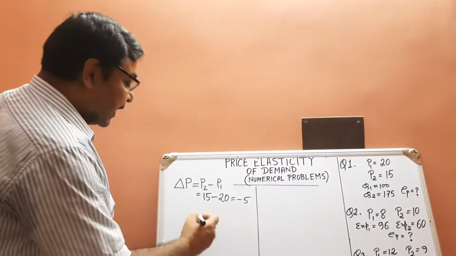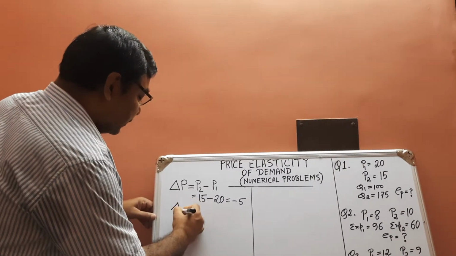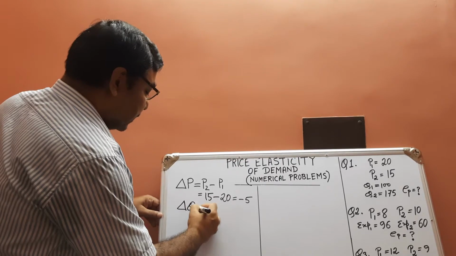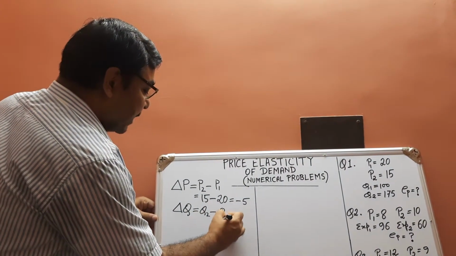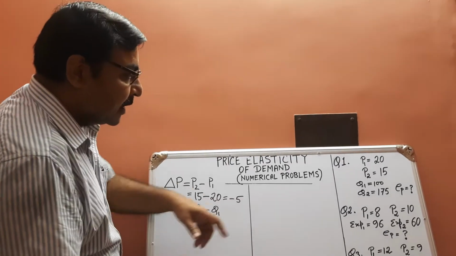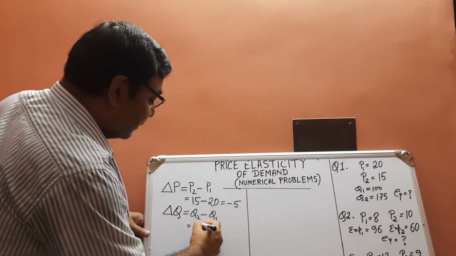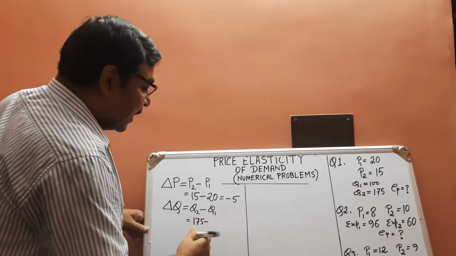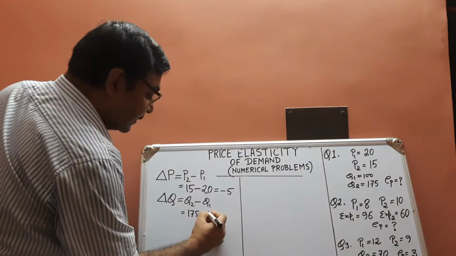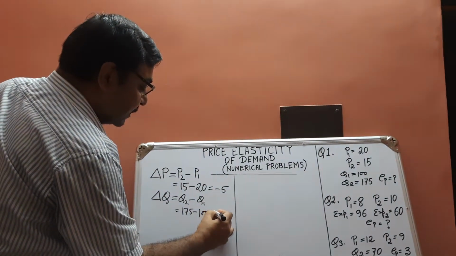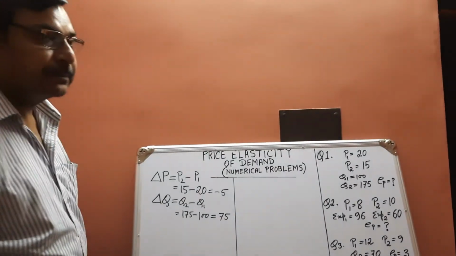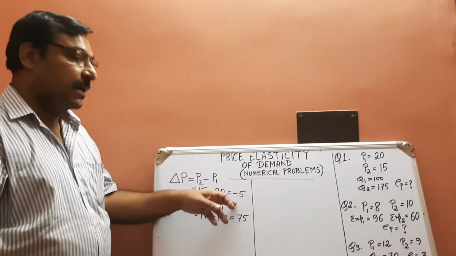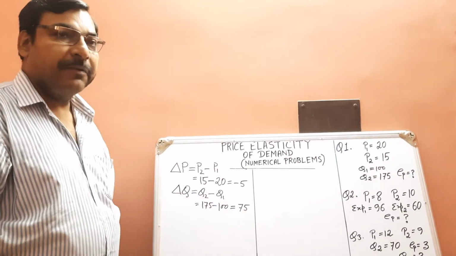Then calculate delta Q. Delta Q equals Q2 minus Q1. Q2 is given 175 and Q1 is 100. So delta Q is becoming 75. Delta P is minus 5 and delta Q is 75.